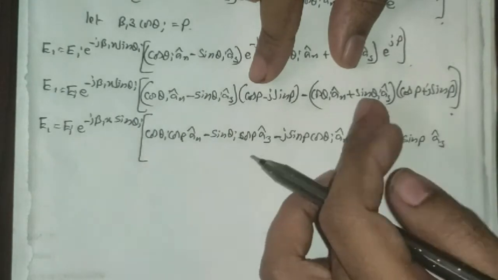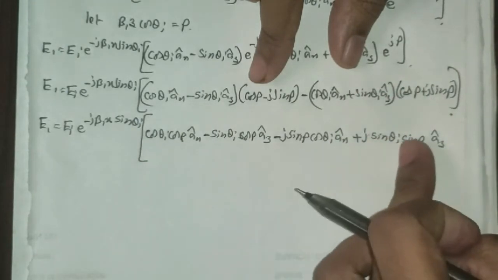Since there is no space here, I am writing down the entire multiplication above the equation.